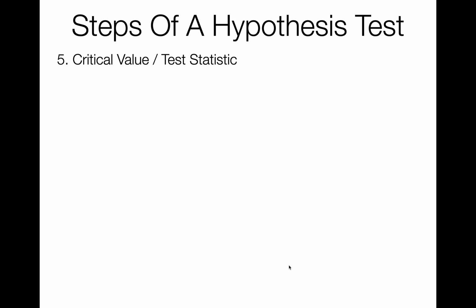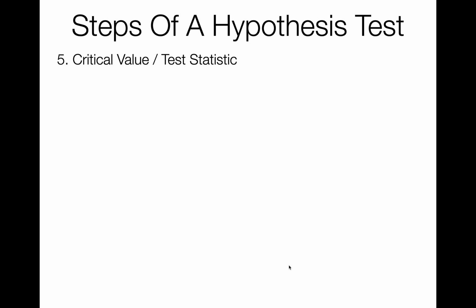The next step is to find the test statistic. This test statistic is going to give us some sense of how far away my sample is from what the expected outcome is under the null hypothesis.